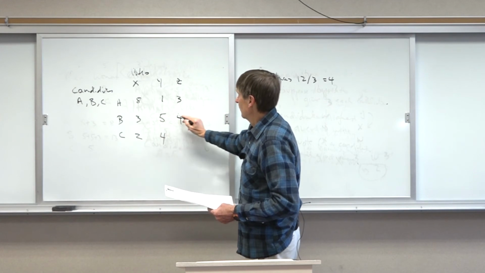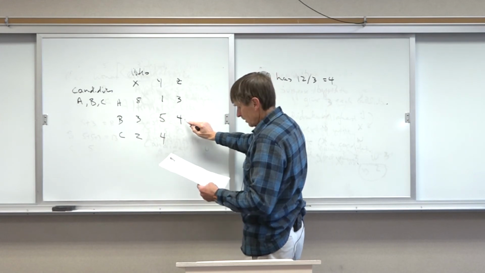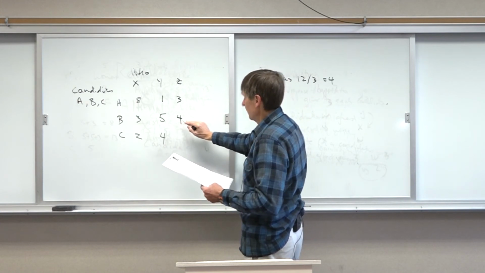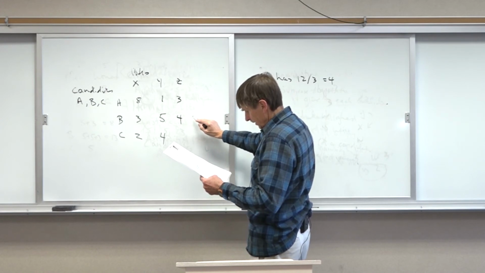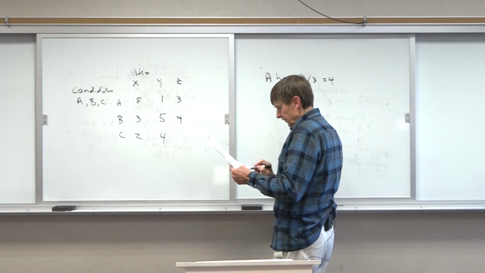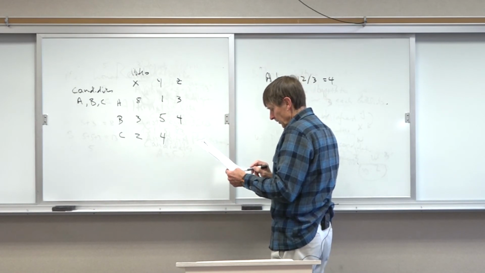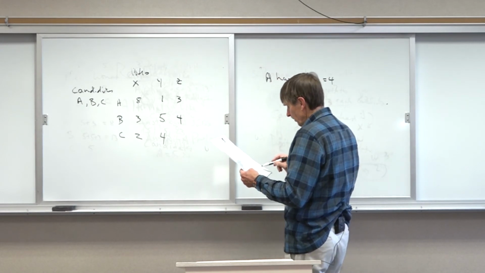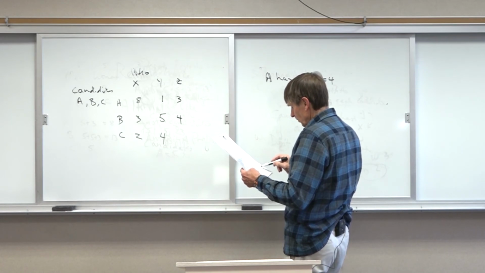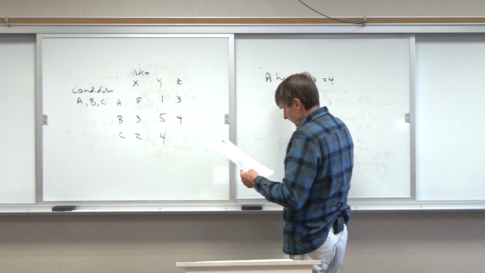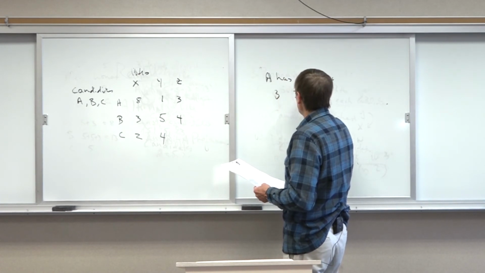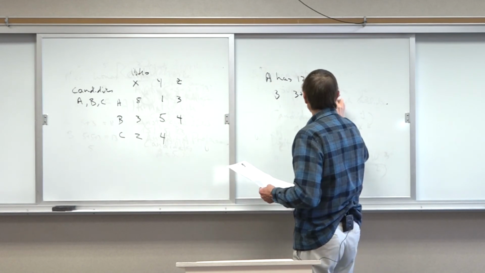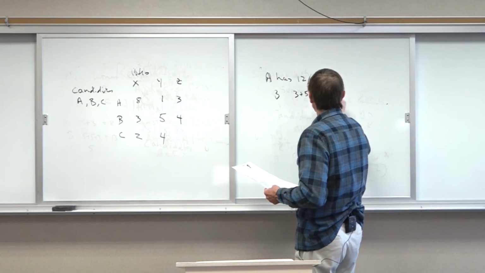B gets 3 plus 5 plus 4, which is 12, divided by 3, which is going to be 4.